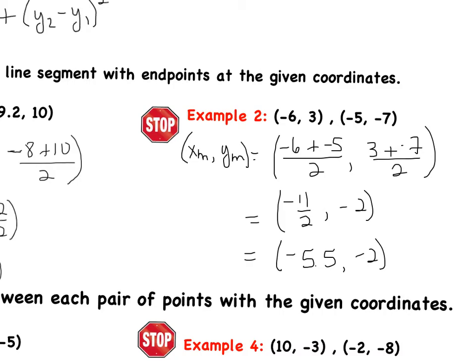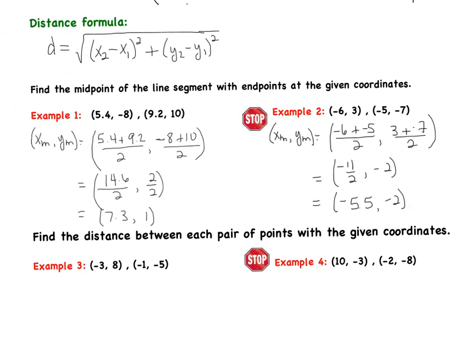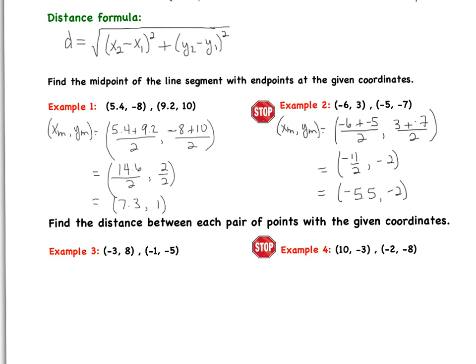In example number 3, we are asked to find the distance between each pair of points with the given coordinates. So we are going to use the distance formula that you have at the top of your page.